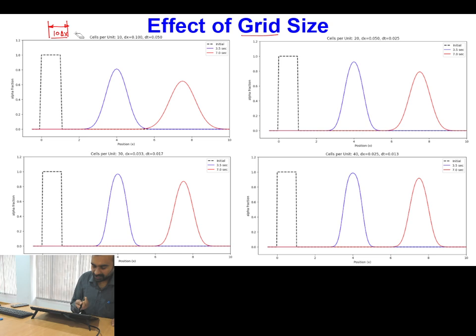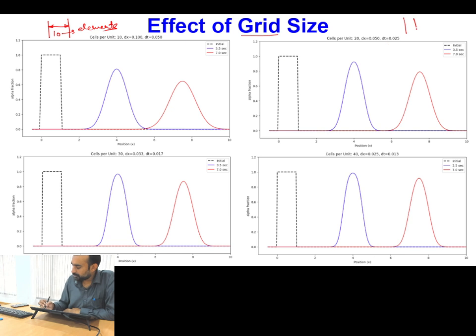So I should not write 10 delta x; I should only say that delta x is selected in such a way, because the length is fixed, that the slug contains only 10 elements, or 10 cells. In the second graph the number of small elements inside is 20, in the third it is 30, and in the last it is 40.